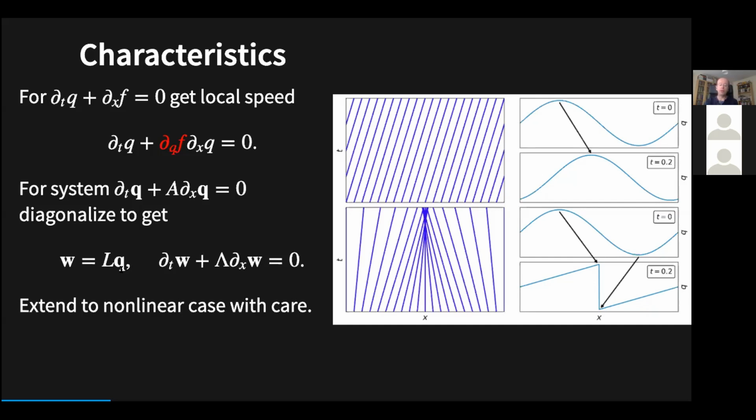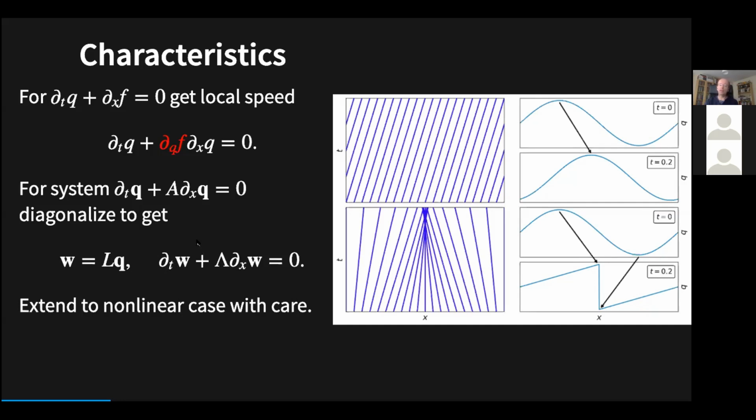What this means is that the evolution equations for the characteristic variables are given by d_t W plus Lambda d_x W equals 0, where Lambda is a diagonal matrix. That means that the evolution equations for each individual component of the characteristic variables decouple from all of the others.